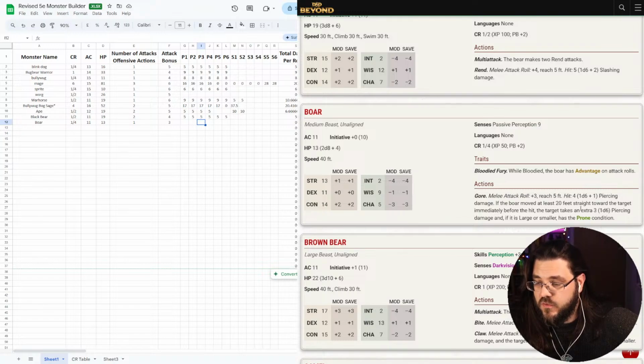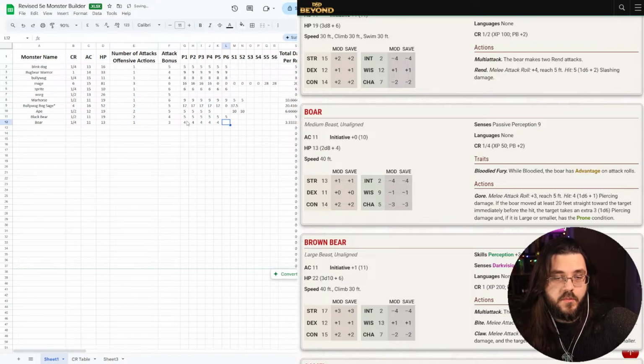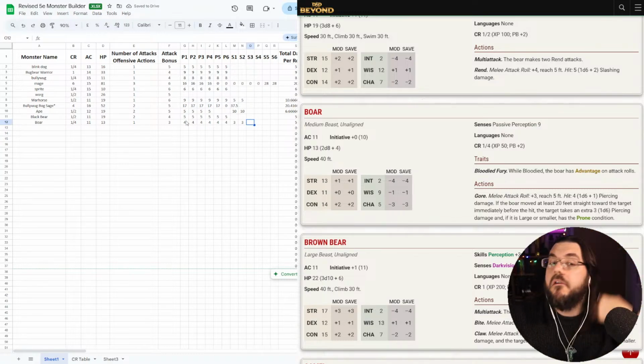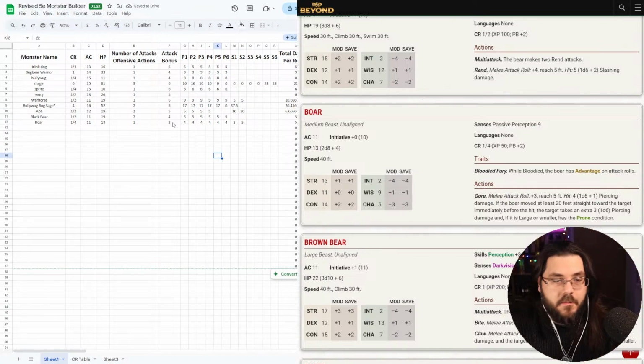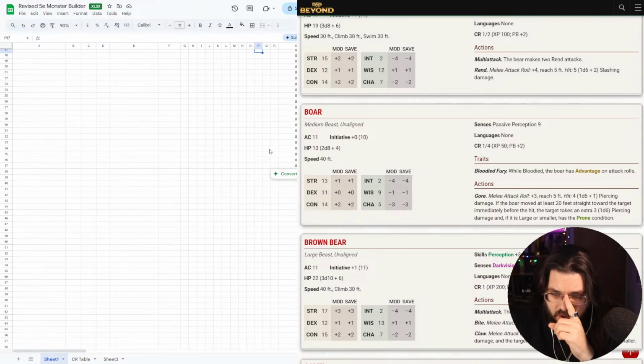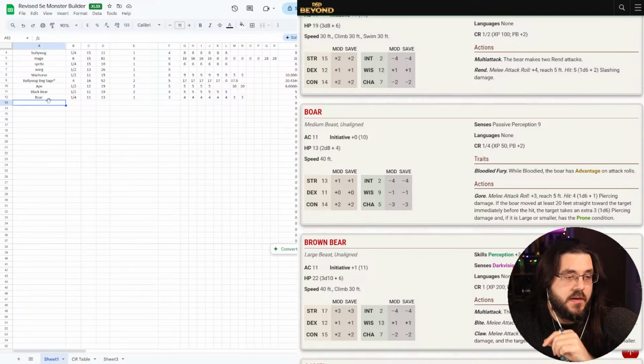If it's moved at least 20 feet straight towards the target immediately, it takes an extra 3 damage. So we'll start by just giving it 4s across the board, and then similarly we'll give 2 rounds of the 3, so it averages out at 5 damage a round. 1 attack plus 3 to hit. Cool. And then brown bear.